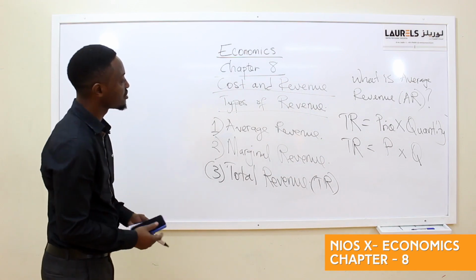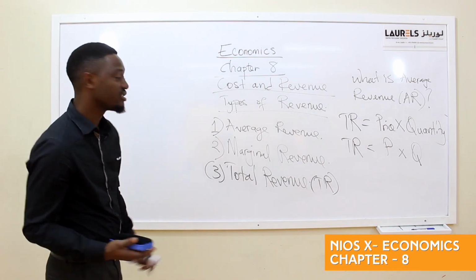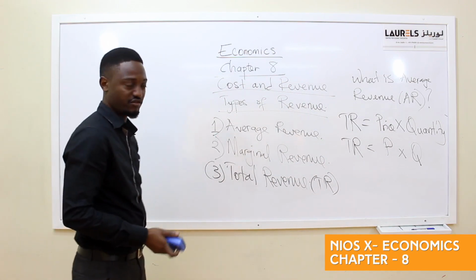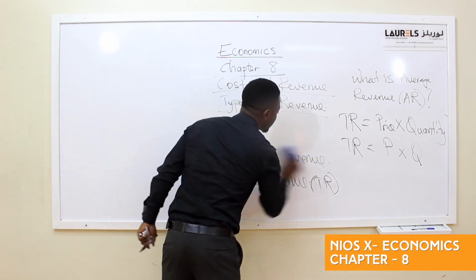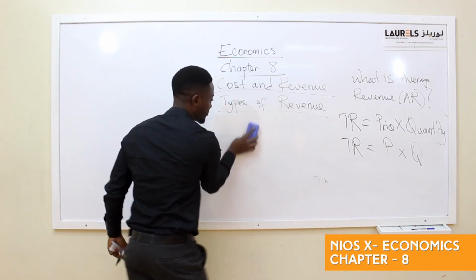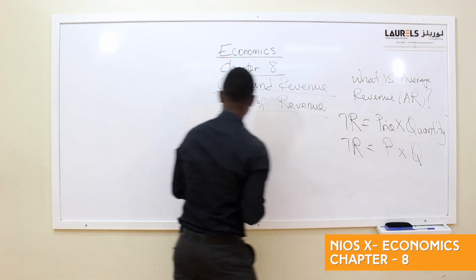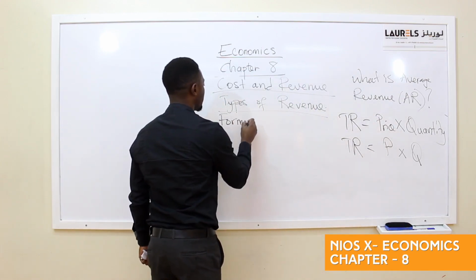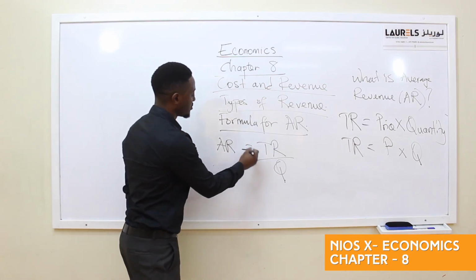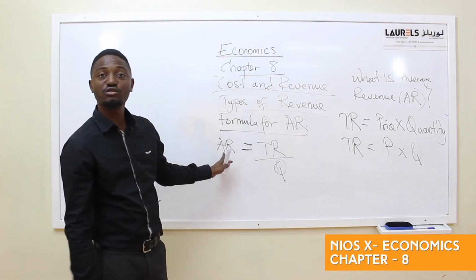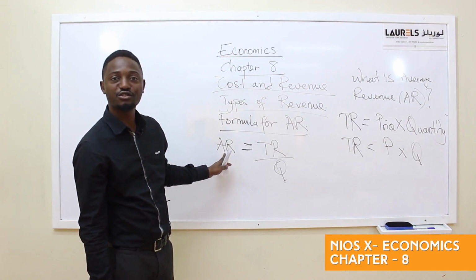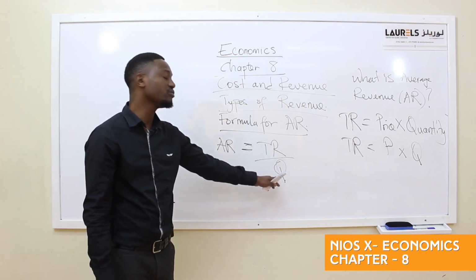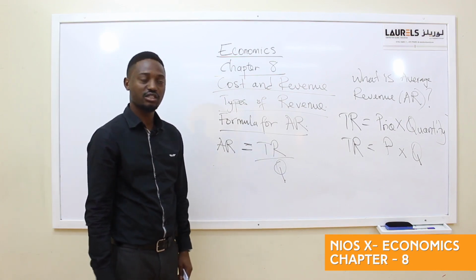So this brings us to the formula for calculating the average revenue. So how do we calculate the average revenue? The average revenue is the total revenue divided by the quantity.